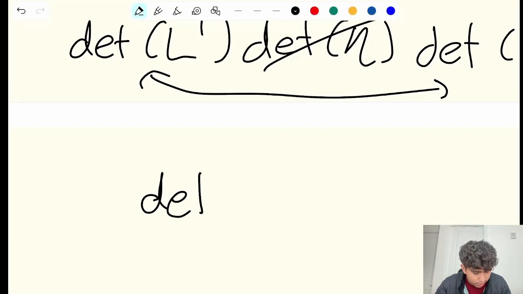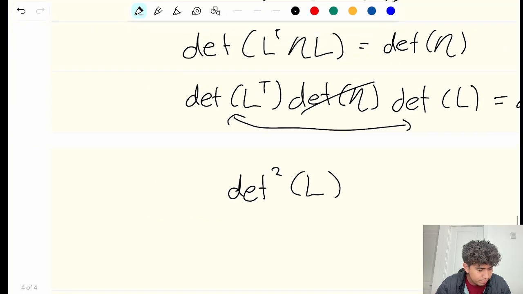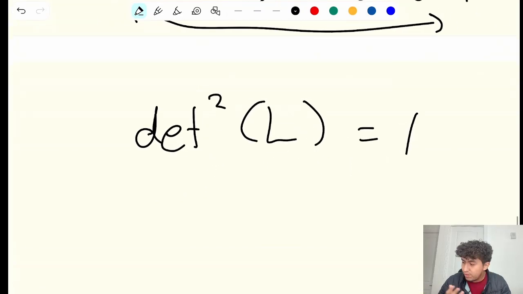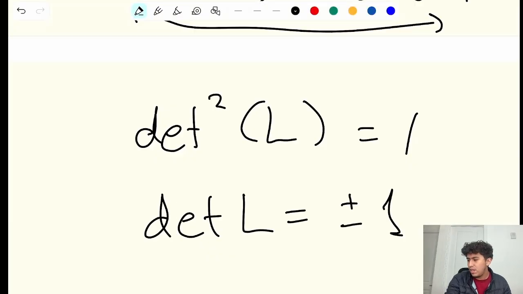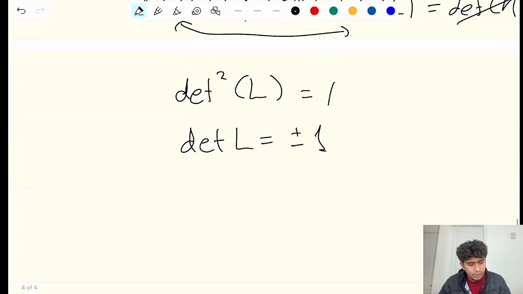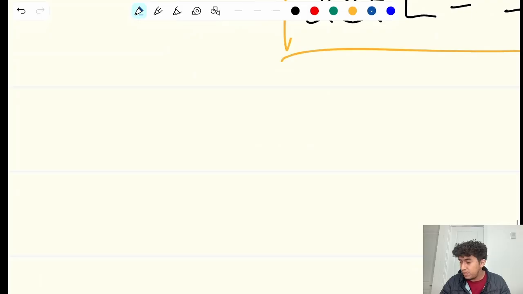So it's going to be the determinant squared of L, equal to 1. Therefore, the determinant of L, for any Lorentz matrix, has to be plus or minus 1. Cool. So this allows us to know what type of matrices could be a Lorentz matrix. That's an important condition. It also allows us to divide the Lorentz transformations into 2 categories.